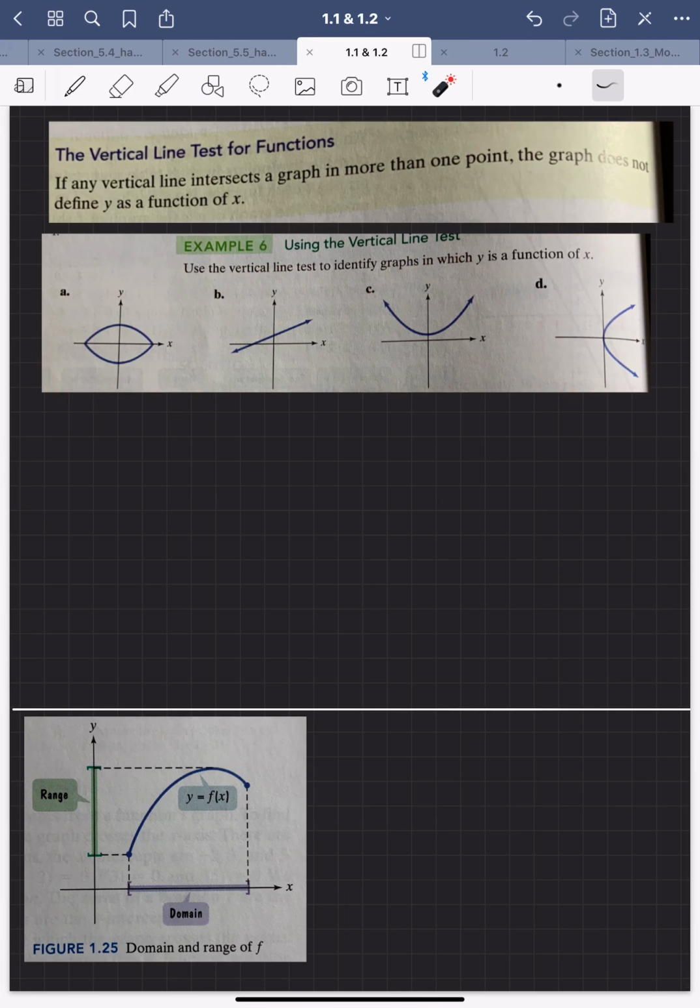So here's what's really nice about looking at the geometry of functions. Remember in the previous video, I kept asking the same question: is it a function? I asked that question multiple times, and if you were able to follow me, you could answer it.